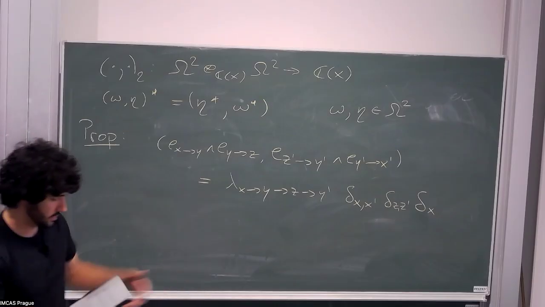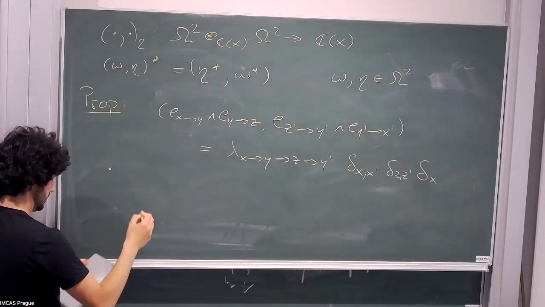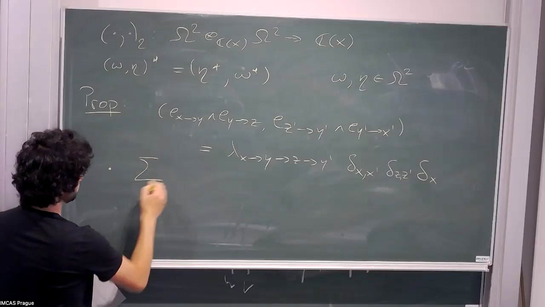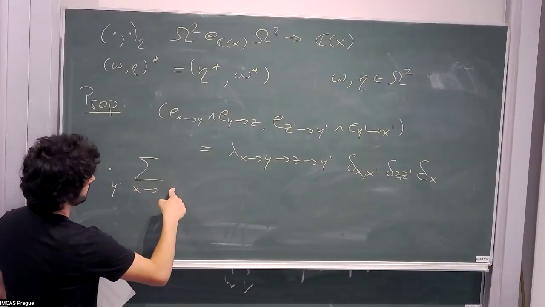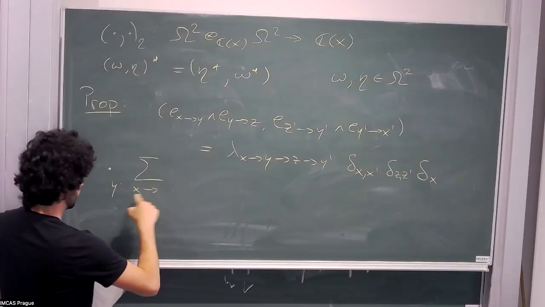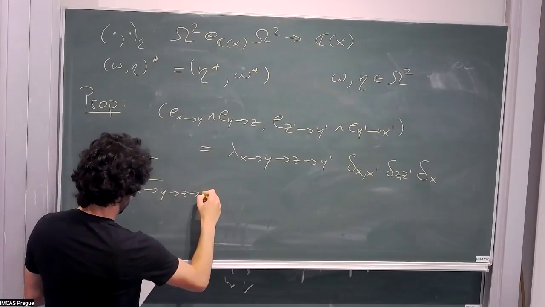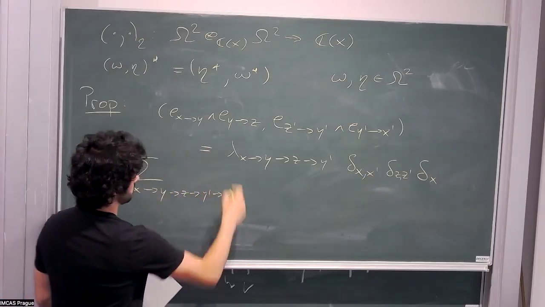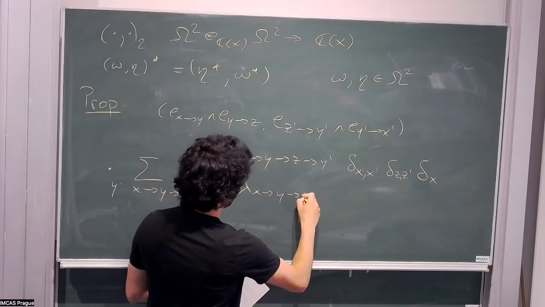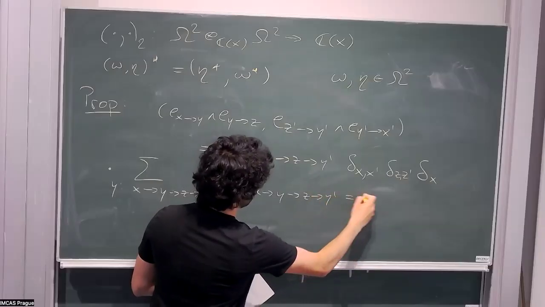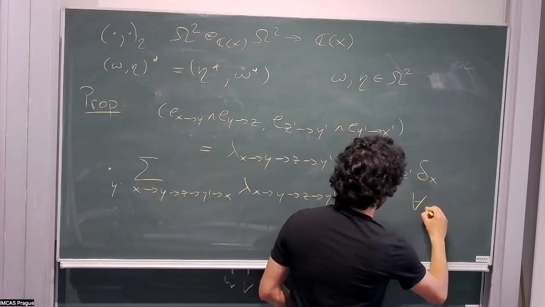So we have these coefficients with the properties that first, if we're summing over four paths, so x going to y, going to z, going to y prime, going to x, of these things, this needs to be equal to 0 for all x and z.